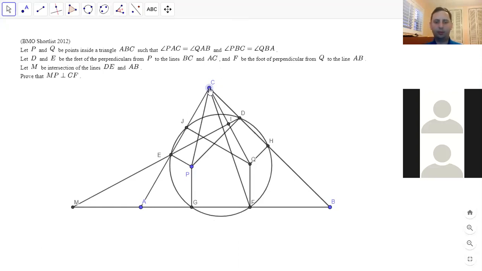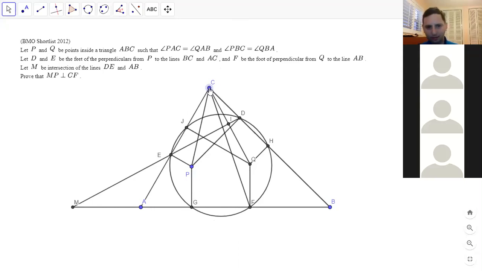So do you guys know the proof of that? The CP goes through the circumcenter of the CED. Okay. And the orthocenter and circumcenter are isogonal. That makes sense. Okay.